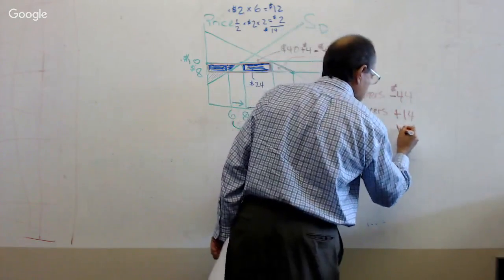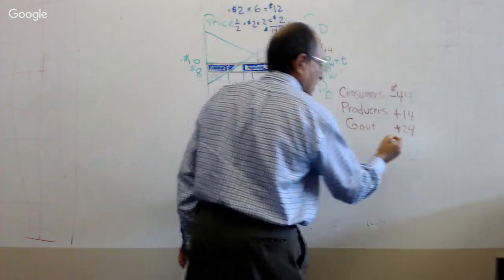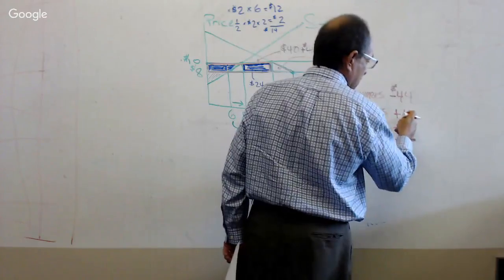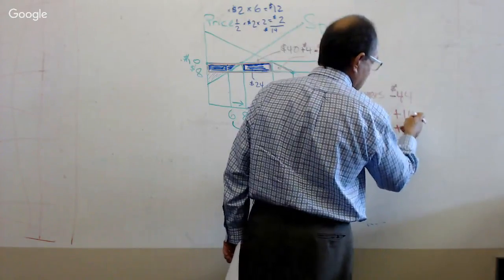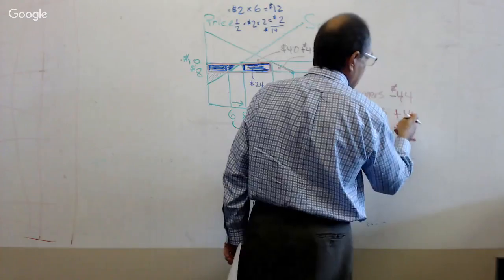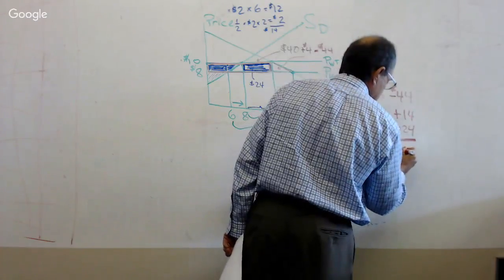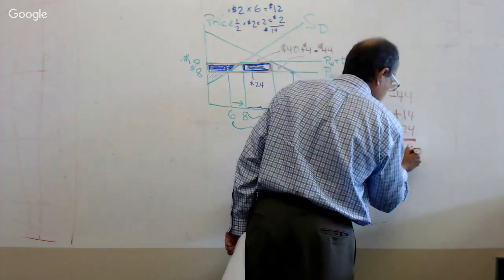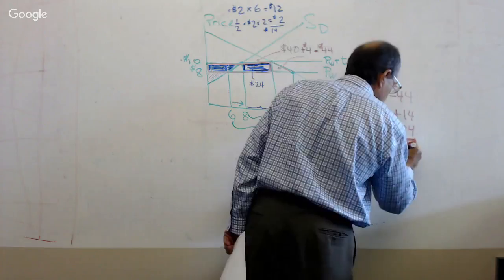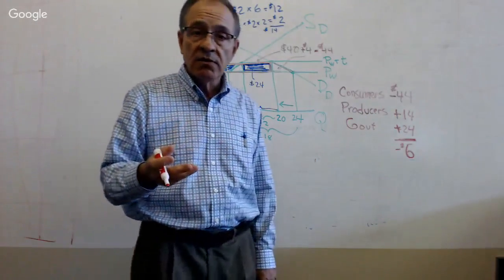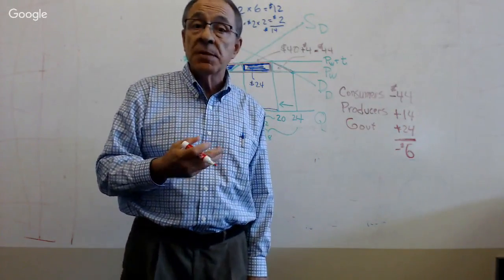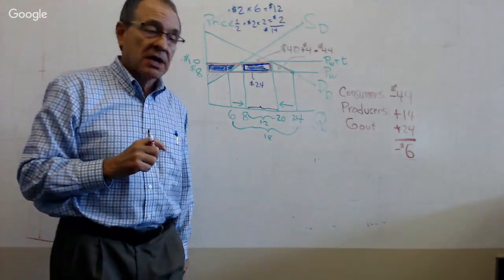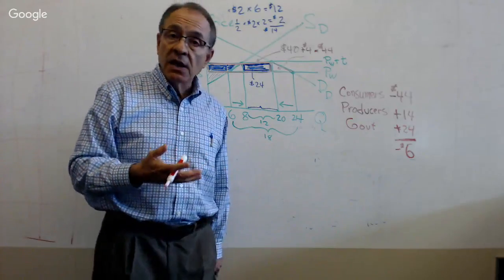Plus 24. So what do we get there? If we add this all up, we get minus 6. So the nation as a whole, the national welfare or its economic well-being, declines by $6. Okay, where is that area represented?